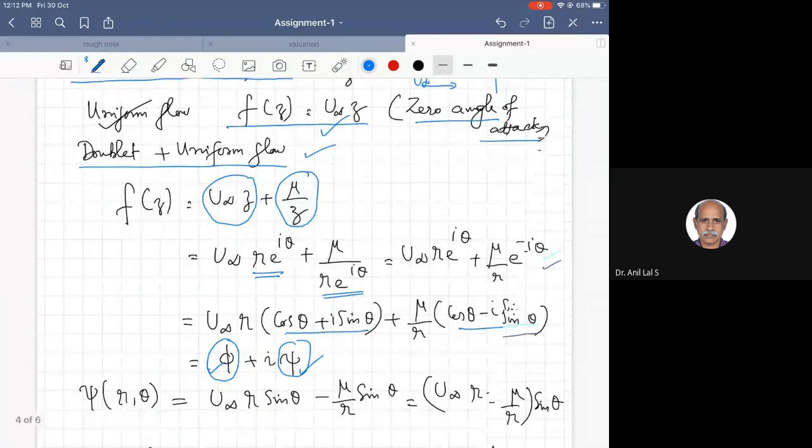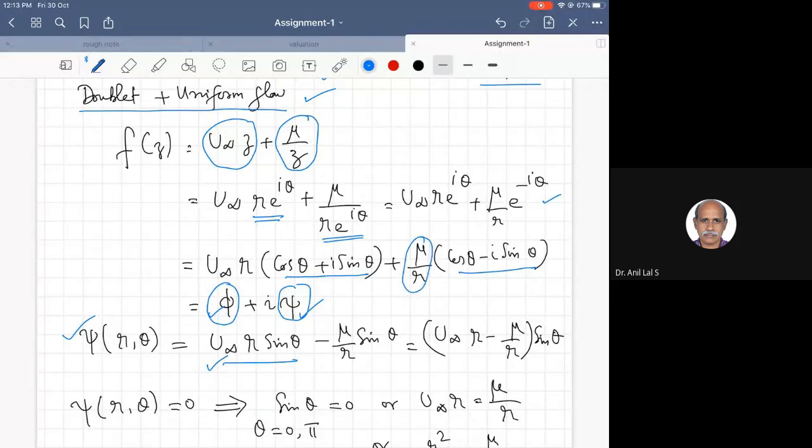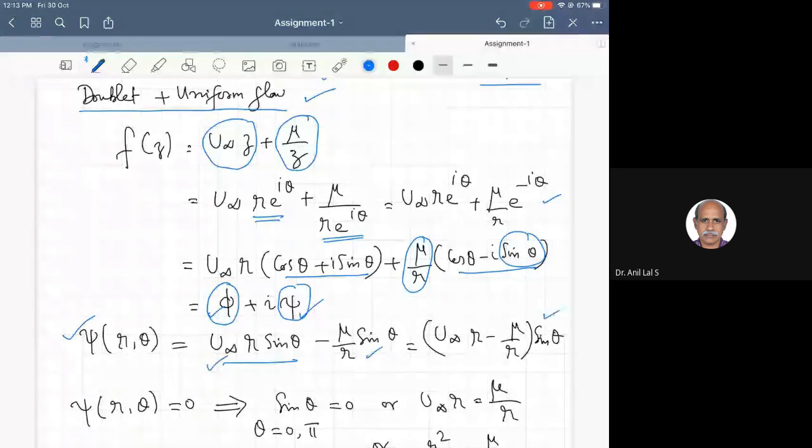The terms containing i, you take out, and that you can write as psi. So psi is u infinity into r into sin theta, excluding i. Here also, excluding i, you have mu by r and sin theta, and sin theta is common, you take outside, which gives u infinity r minus mu by r.